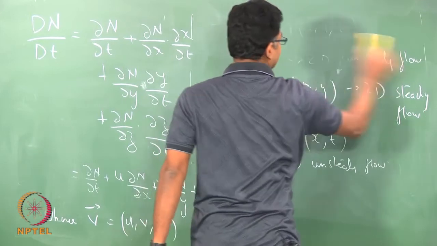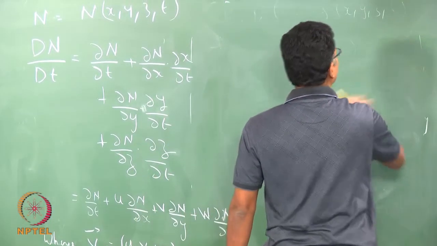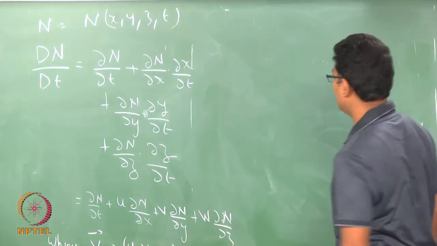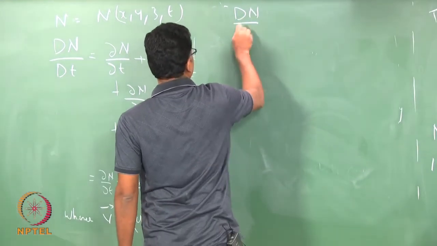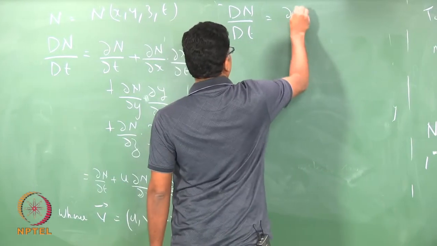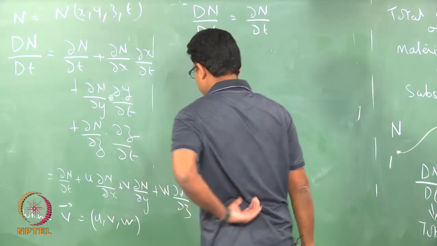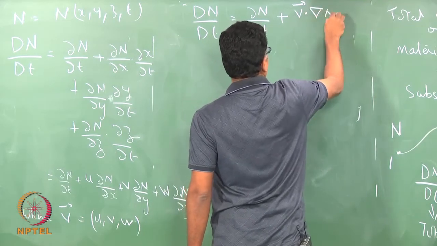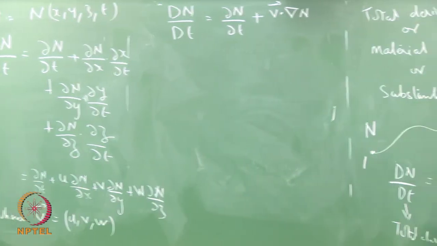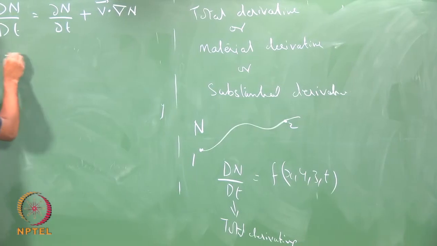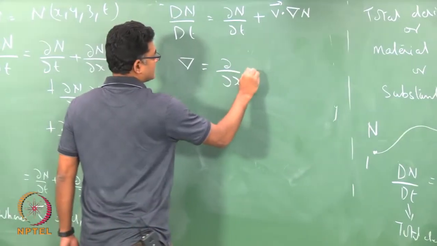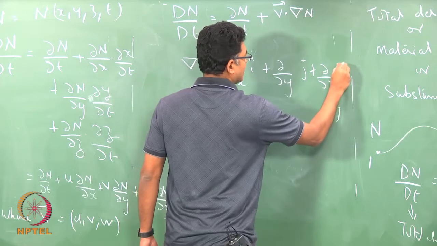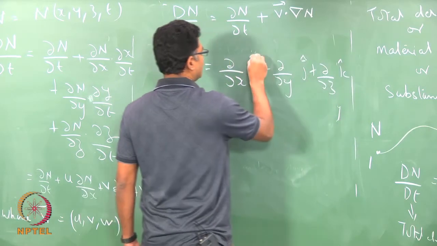So, if I rewrite that, vectorially I can write it like this, okay, where del is dou by dou x i plus dou by dou y j plus dou by dou z k in the Cartesian coordinates.